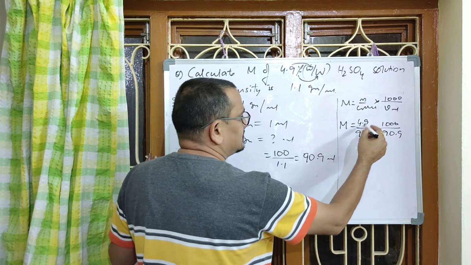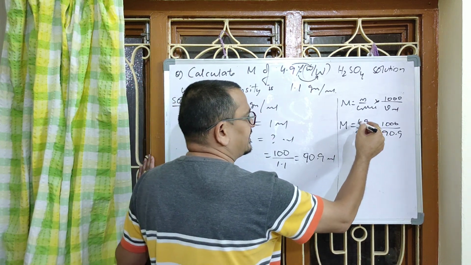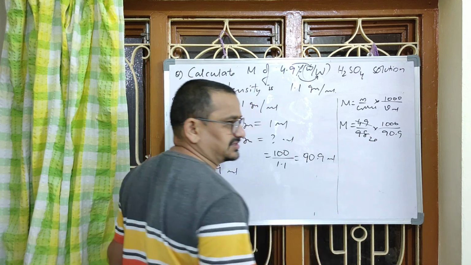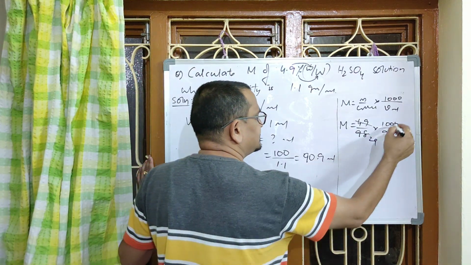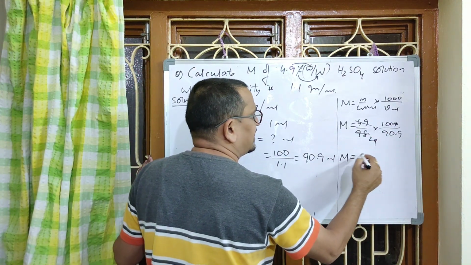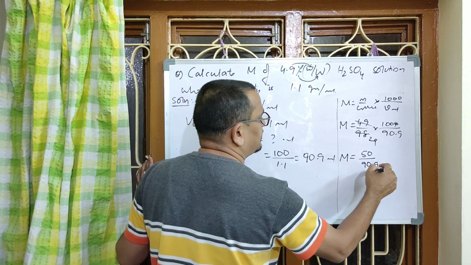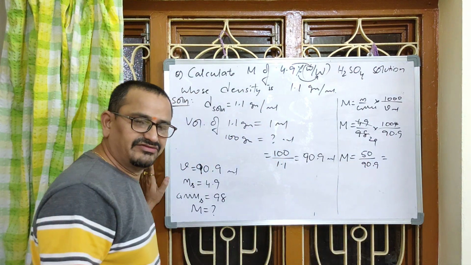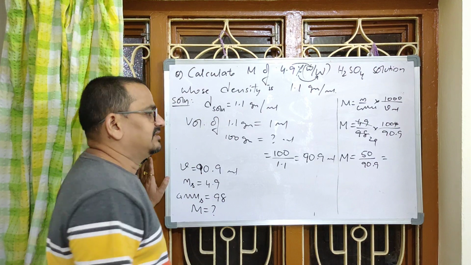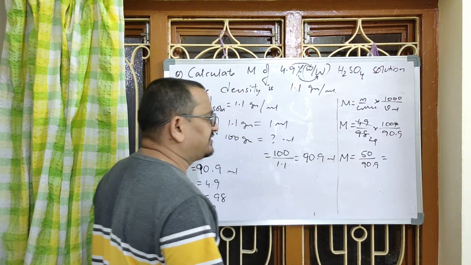So, it is 4.9 by 98, so 10 we can cancel. Molarity equals 50 by 90.9. It is 0.55, I think.